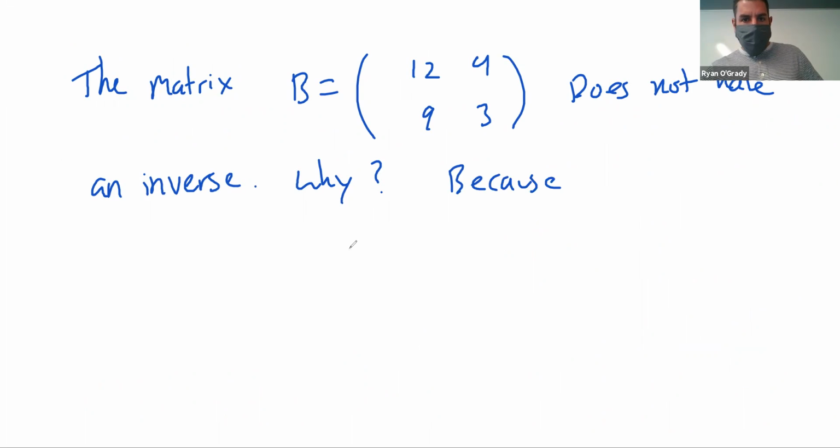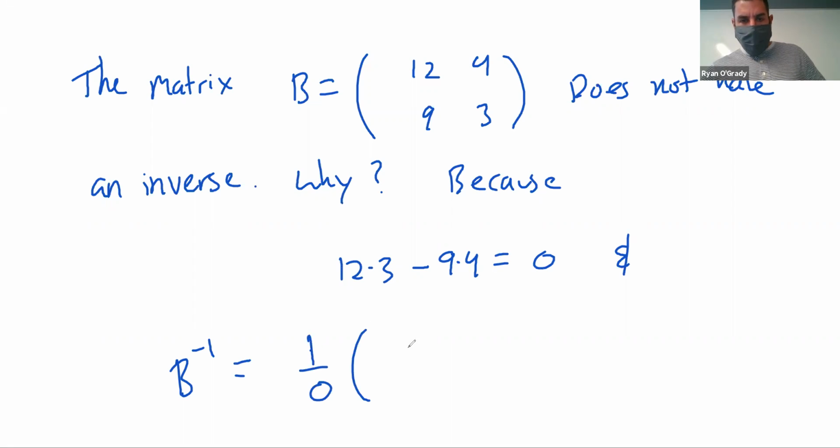Because 12 times 3 minus 9 times 4 equals 0. And B inverse, if it existed, would be 1 over 0 times 3, 12, negative 9, negative 4, which is meaningless.